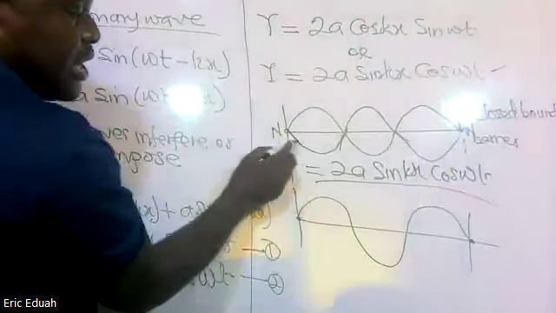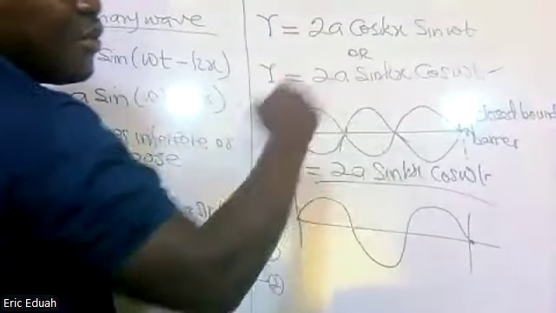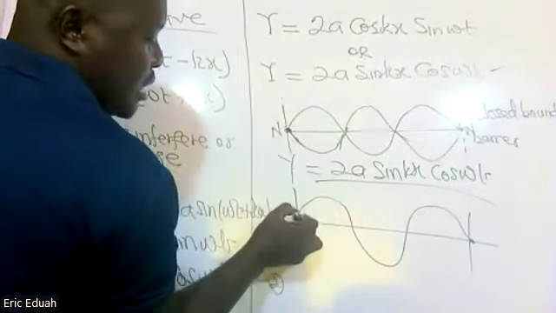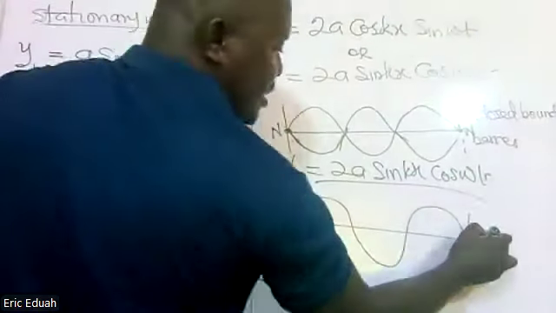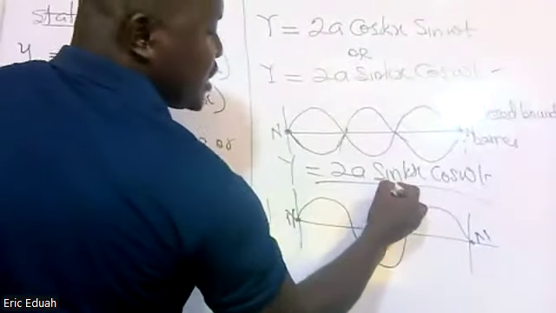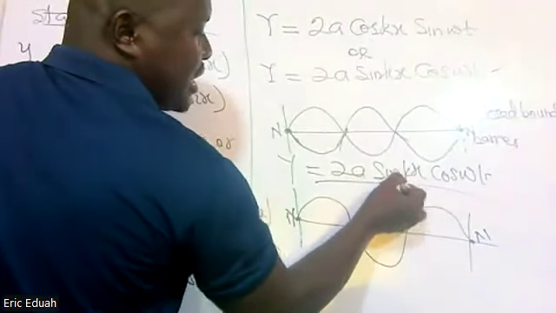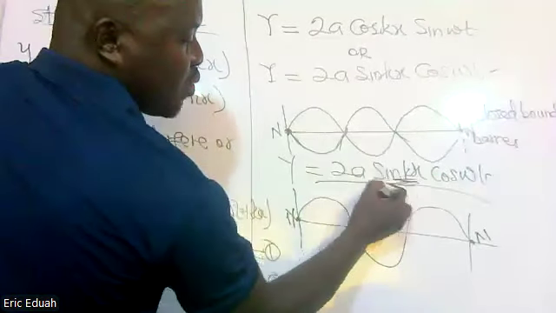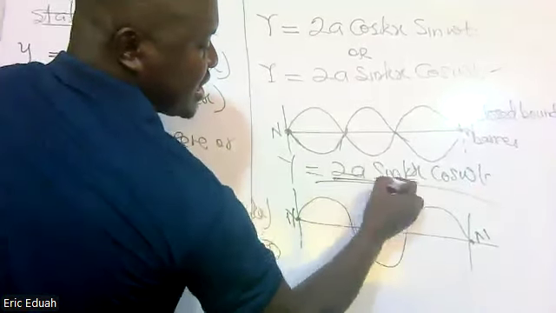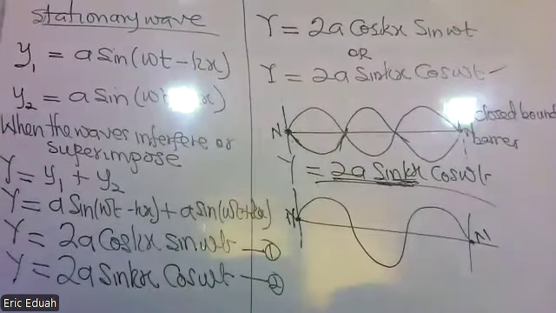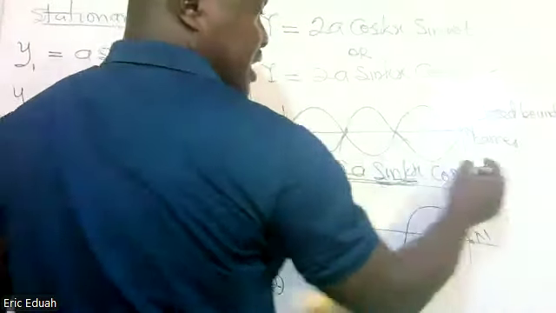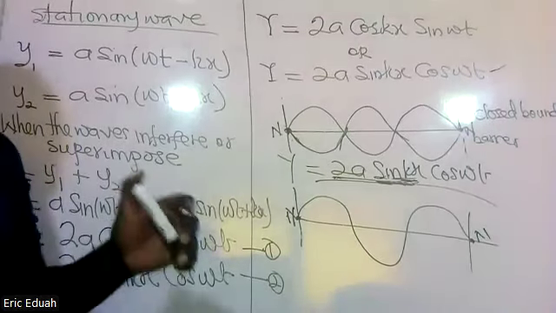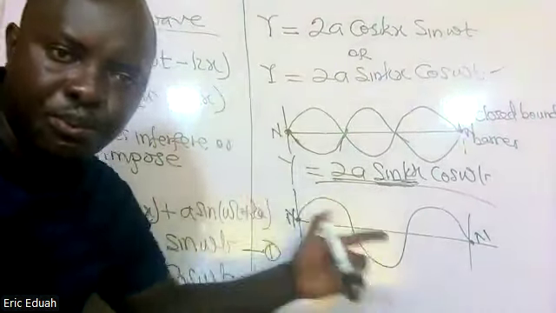If we have a stationary wave formed from closed boundaries, there are nodes at both ends, and so the amplitude is 0. And you can only get that when the amplitude function is equal to sine. So this equation is for closed boundaries or when there are fixed points.